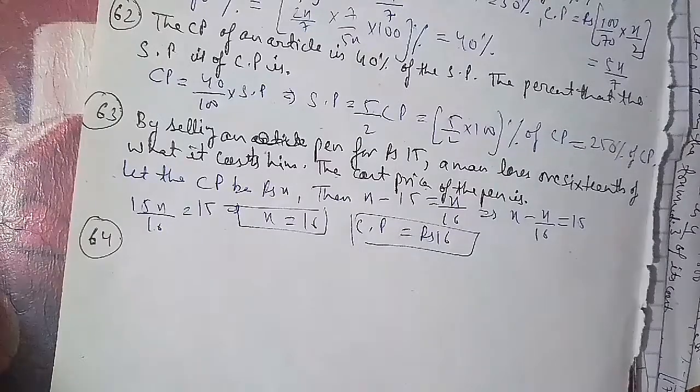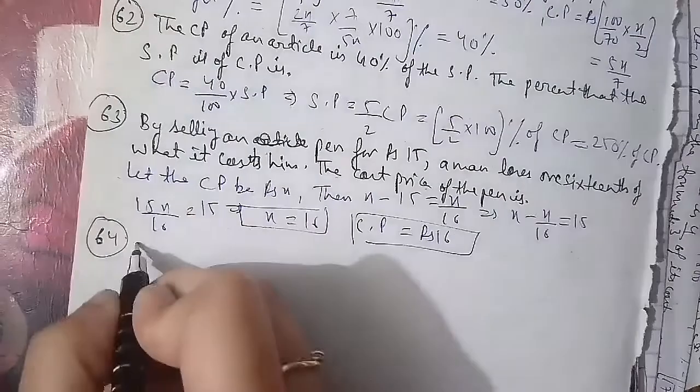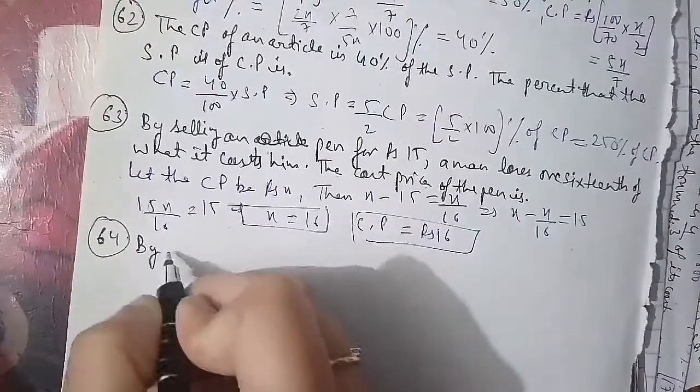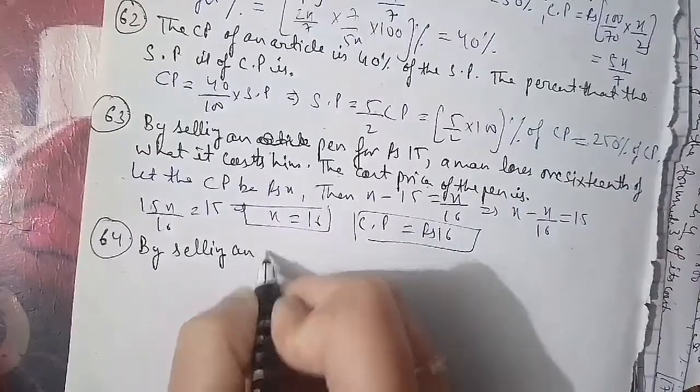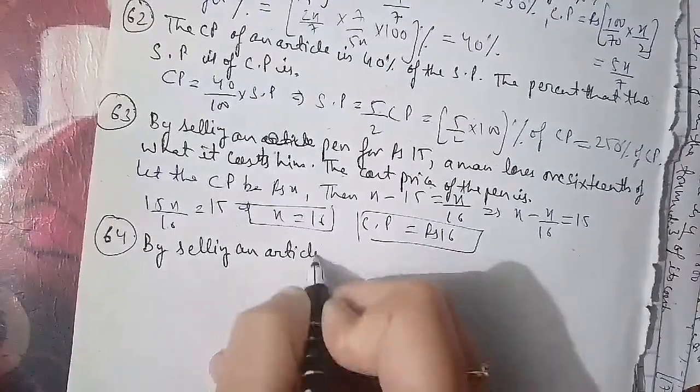By selling an article, Michael earned a profit equal to 1/4 of the price he bought it.